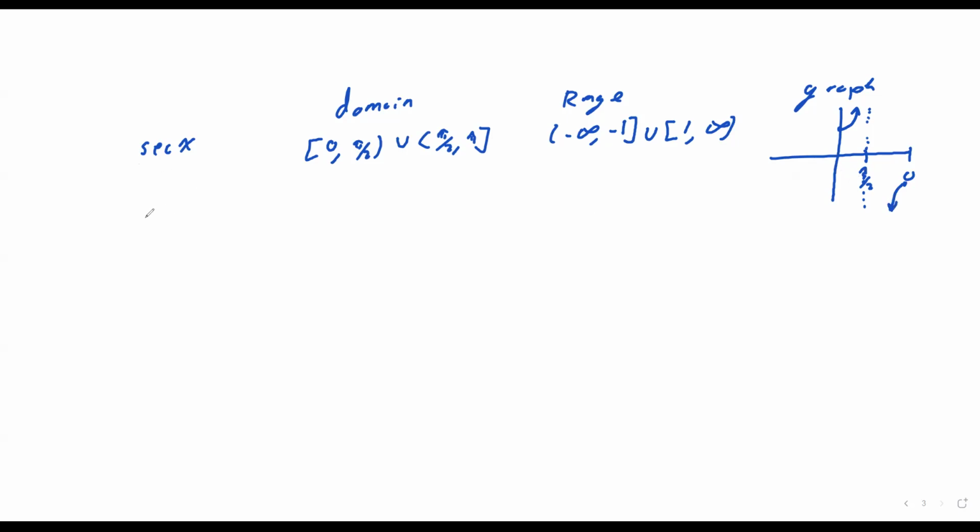So when we look at the arc secant or the secant inverse, we're just going to flip the domain and range. I don't know why I did that in the same color.